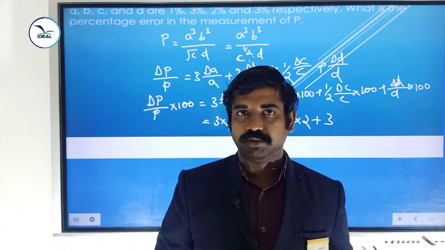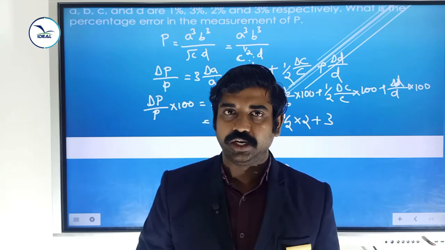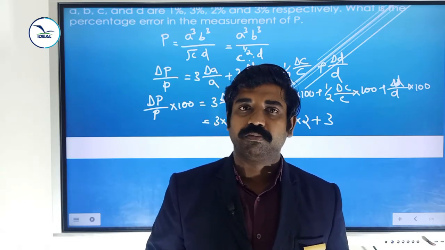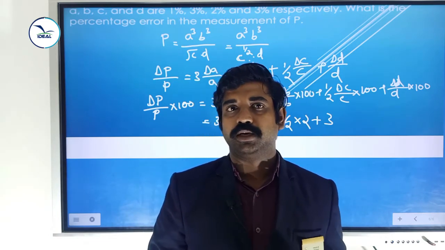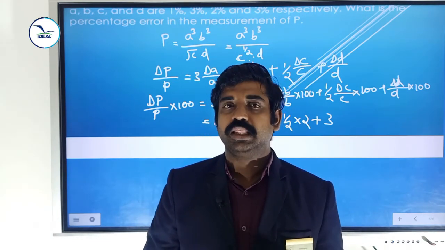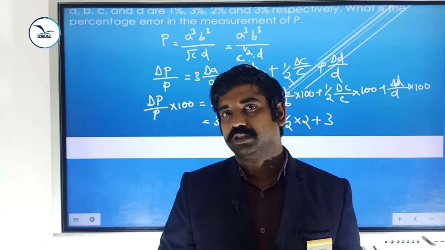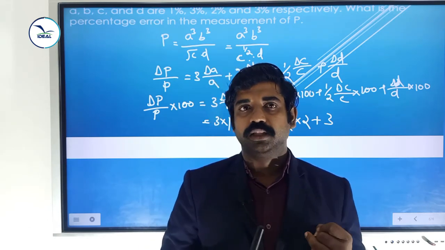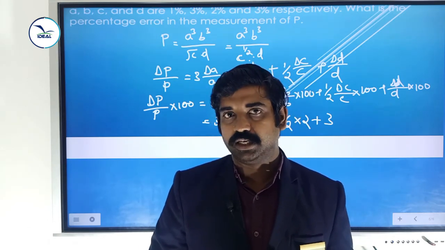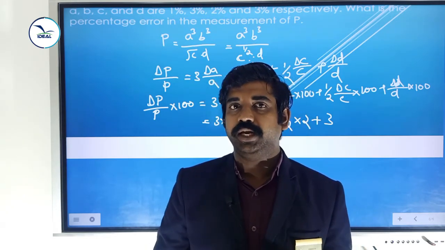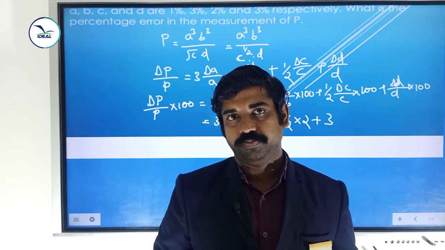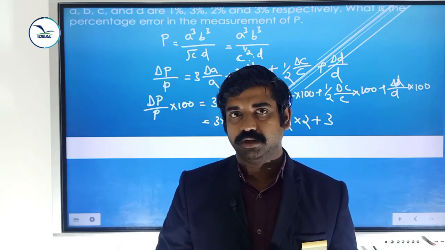Okay, in SI system there are 7 fundamental quantities and units, and apart from that there are 2 supplementary units. Then we discussed how we are going to measure the largest distance and the smallest distance, that is the parallax method. Okay, then time measurement, then mass measurement, then dimensional analysis.